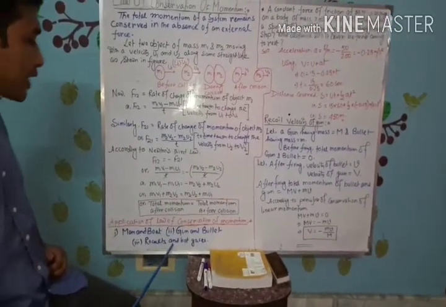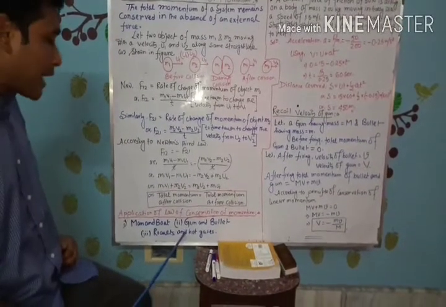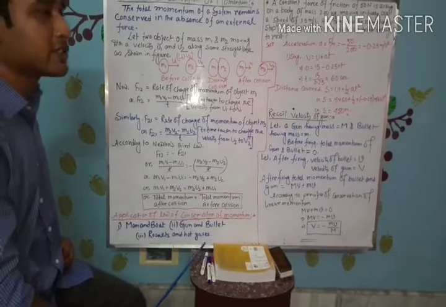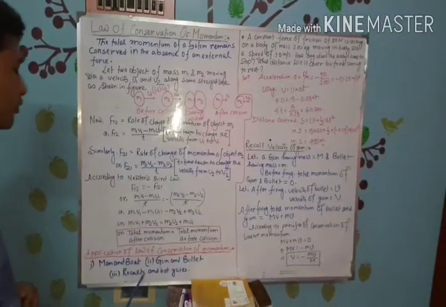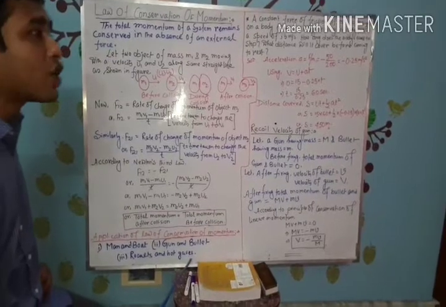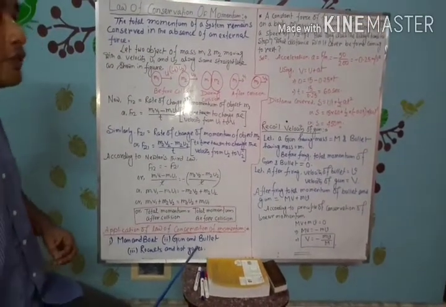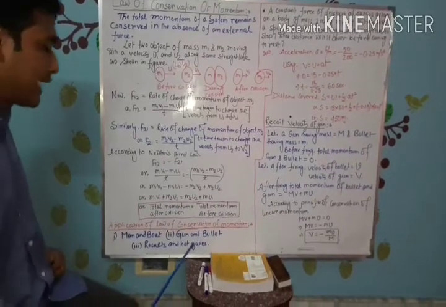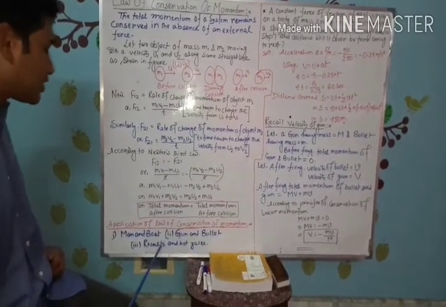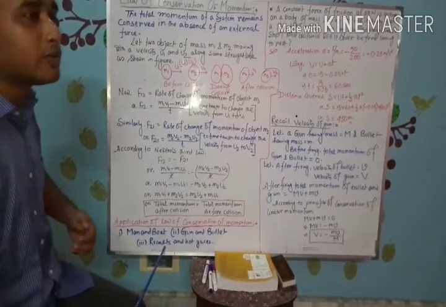And thirdly, rocket and hot gases. Now, before burning of fuel of the rocket, the linear momentum of the rocket and hot gases system is 0. But whenever the fuel is burning, the hot gas is ejected from the backside of the rocket with a high velocity, which means it has a backward momentum.